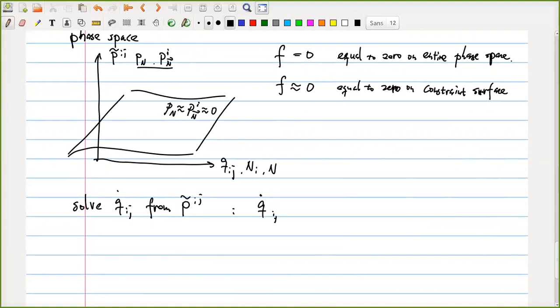Q dot ij equals 2n times, well, this is just a linear relation between P ij and Q dot ij, so it's very easy to solve.